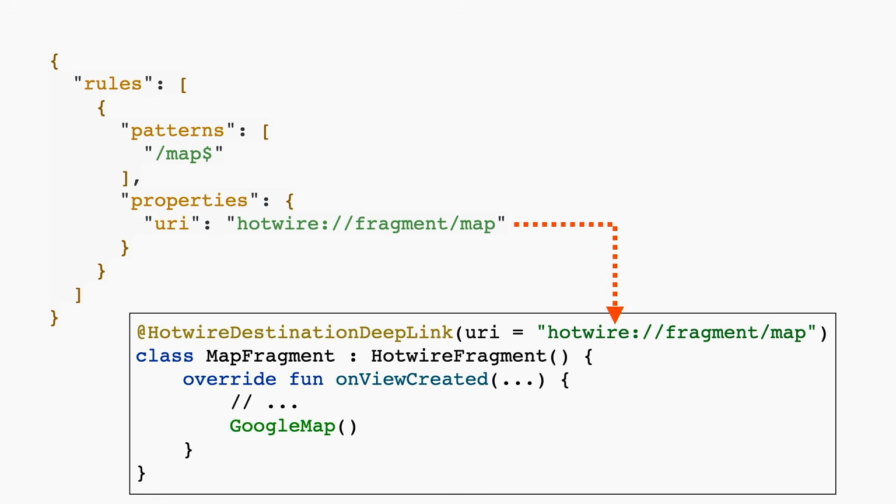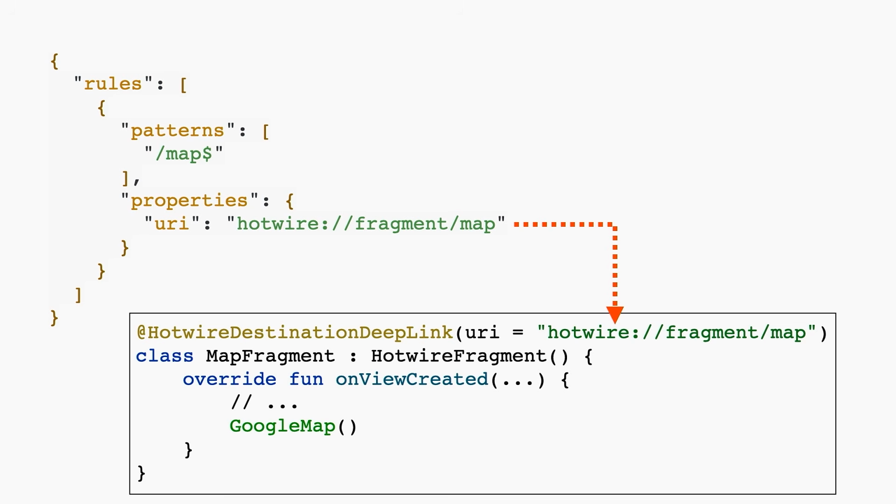What this says is anytime a user clicks a link that ends in /map, $ for the regex, apply the Hotwire fragment map URI. Hotwire Native under the hood automatically sees that and doesn't display your web content. It displays this fragment for you. And now you're in native world to do whatever you want.